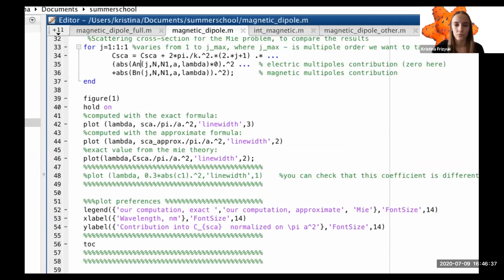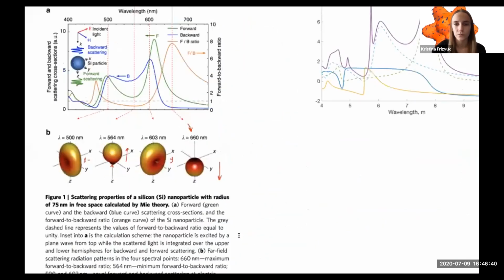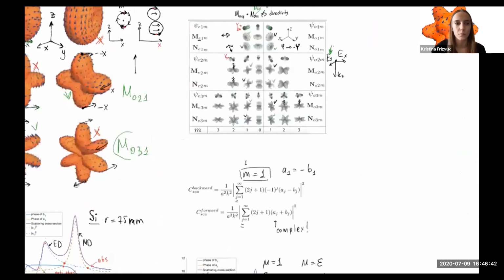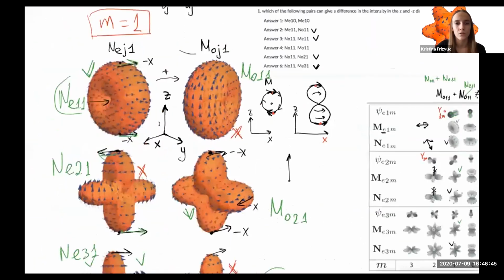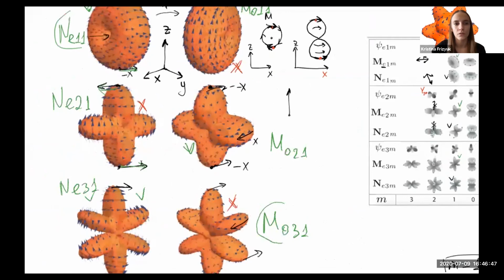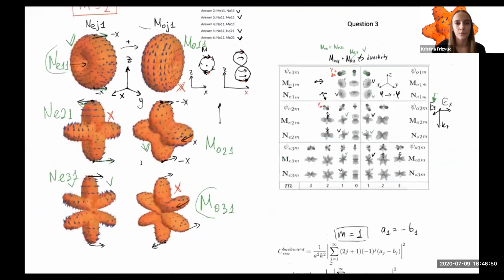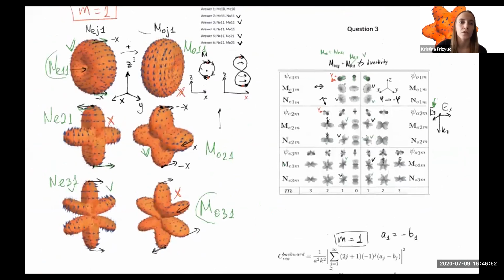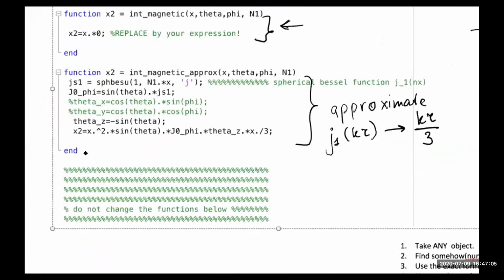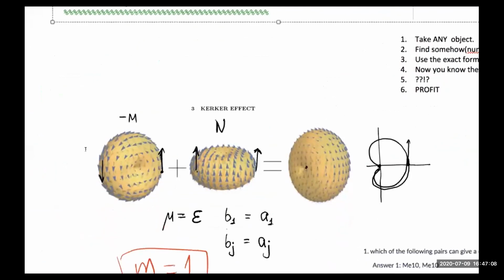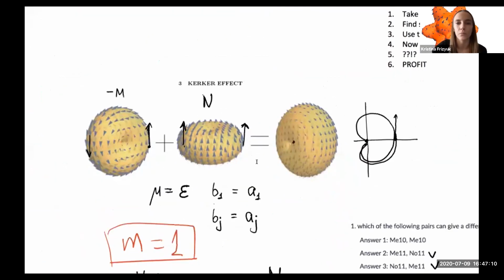Okay, if you mean these pictures, you can obtain them from the Wolfram Mathematica script. Andrei sent it yesterday. And actually you can even change it a little bit to obtain the sum of the multipoles.